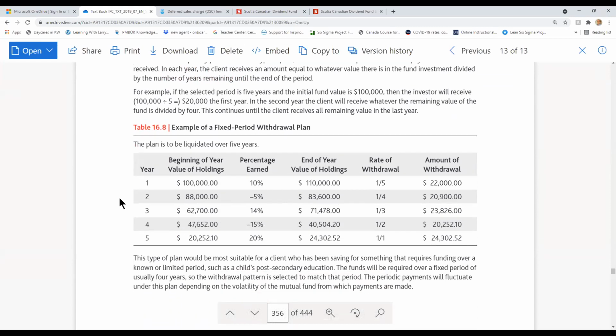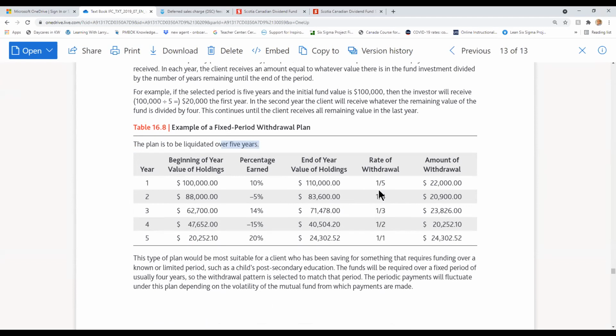Fixed period withdrawal is where you say it's 5 years, so they want to finish their money in 5 years. The way you'll do it is 1 divided by 5 in the first year, then 1 divided by 4, then 1 divided by 3, 1 divided by 2, 1 divided by 1.